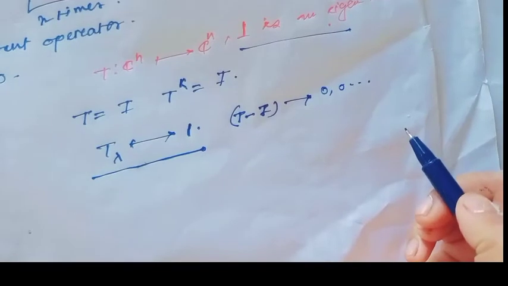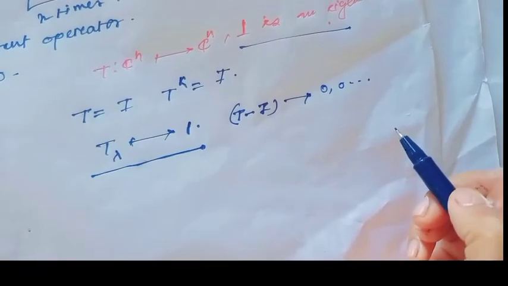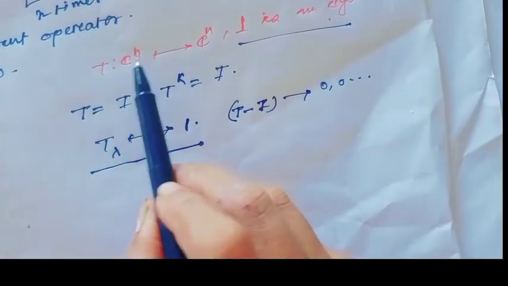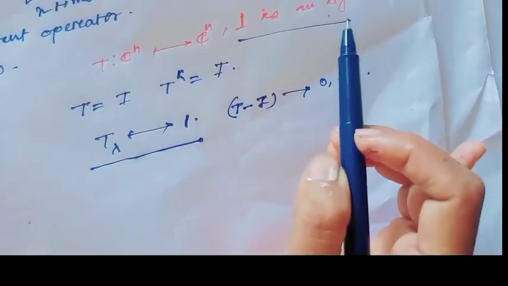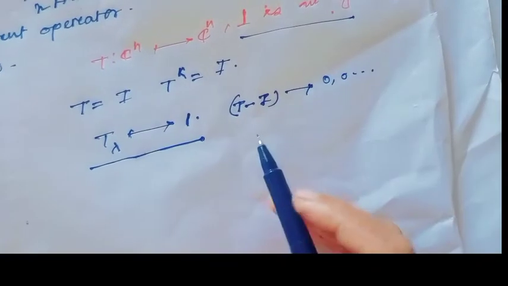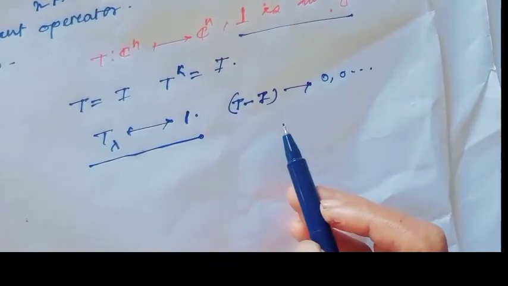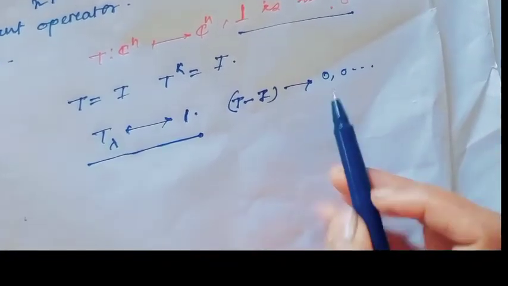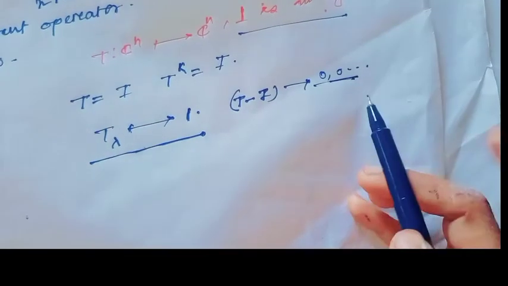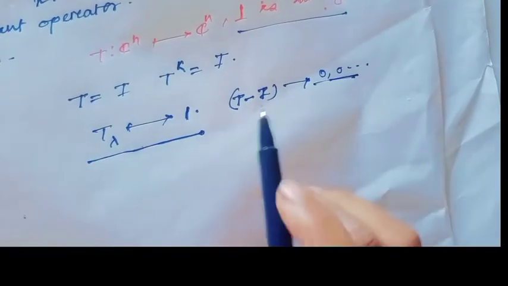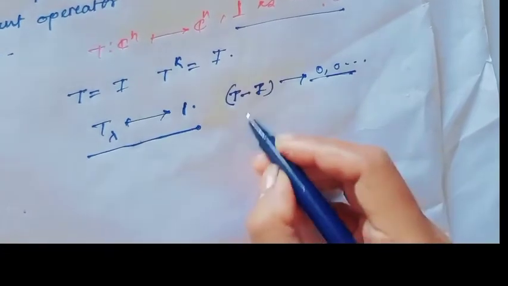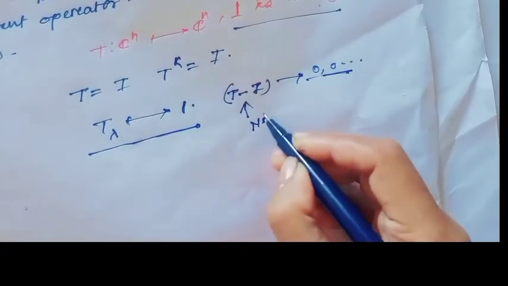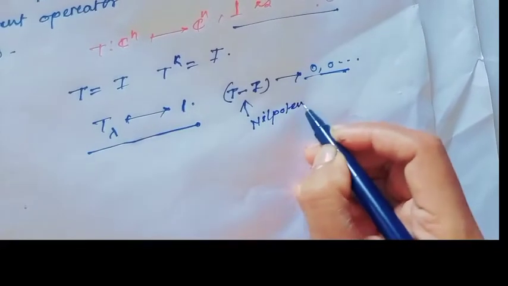That means, since the given operator T has only eigenvalue 1, the operator T minus identity has only eigenvalue 0, and we all know a nilpotent operator has only eigenvalue 0. So obviously this operator is nothing but a nilpotent operator. Okay?